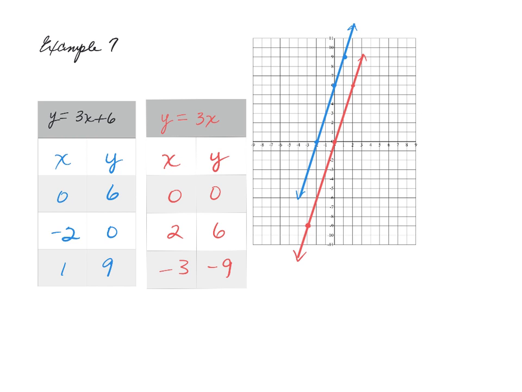So that graph has shifted. That plus 6 has changed the location of the line, but it has the same exact slope or exact slant. I want you to keep that in mind for when we get to the next section.